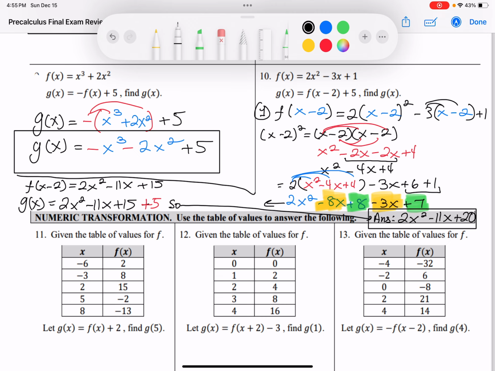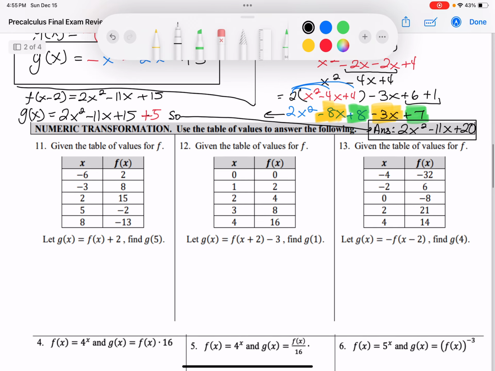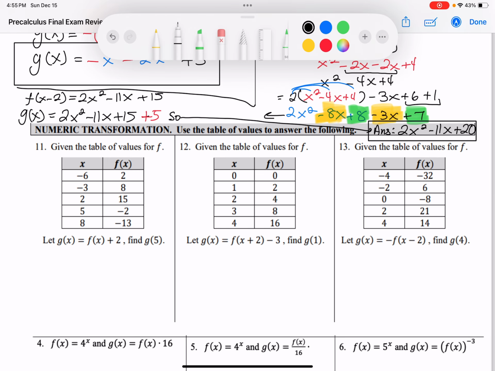All right. 11, 12, and 13. So 11 says, given a table of values for f, let g of x equal f of x, then on the outside plus 2. You want to find g of 5. So to find g of 5 in this case, that is going to equal f of 5 plus 2.